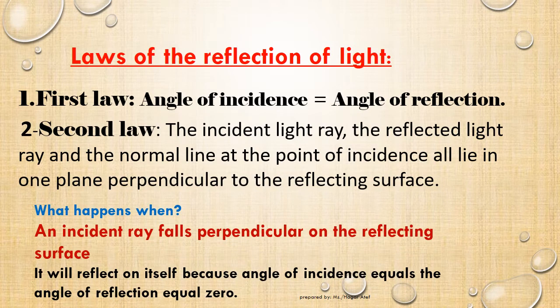So what happens if an incident light ray falls perpendicular on the reflecting surface? It will reflect on itself. Why? Because angle of incidence equals angle of reflection equals 0.